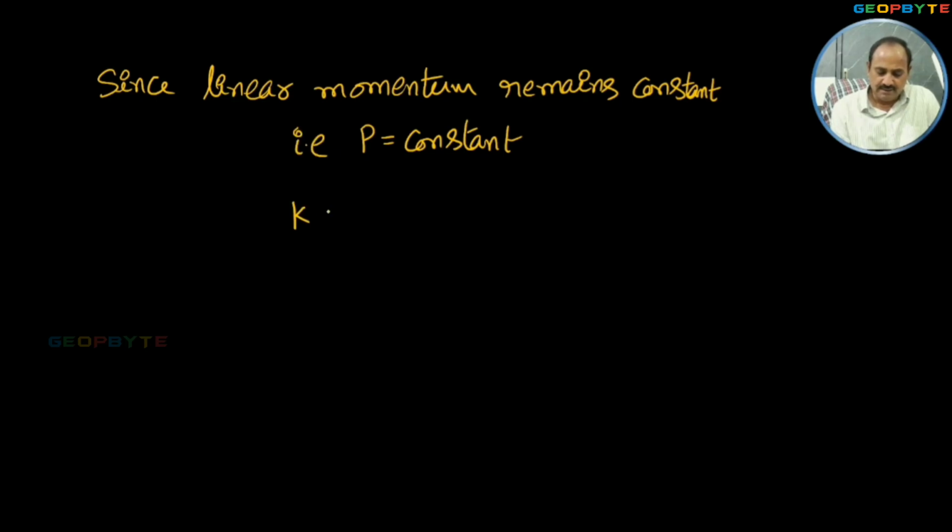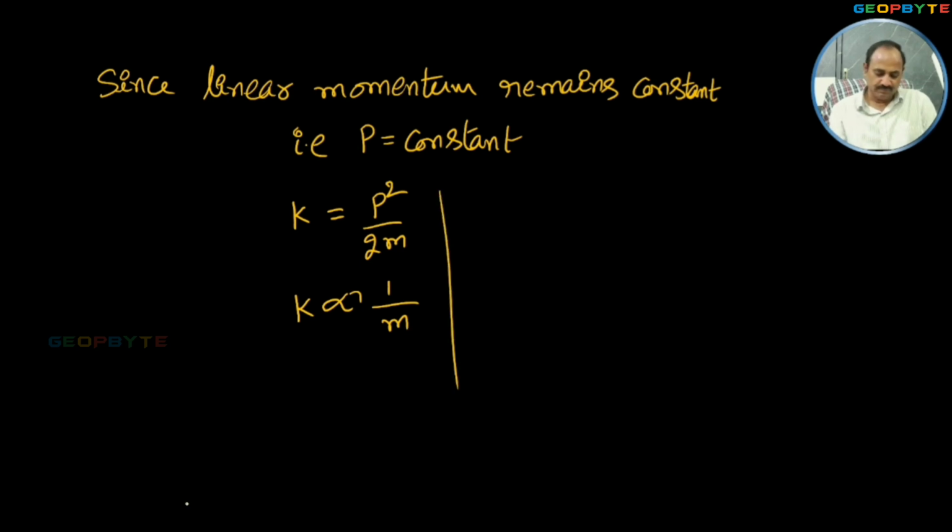But kinetic energy K equal to P square by 2m. From this, I can conclude that since P is constant, kinetic energy is proportional to 1 by m, or kinetic energy is inversely proportional to mass.